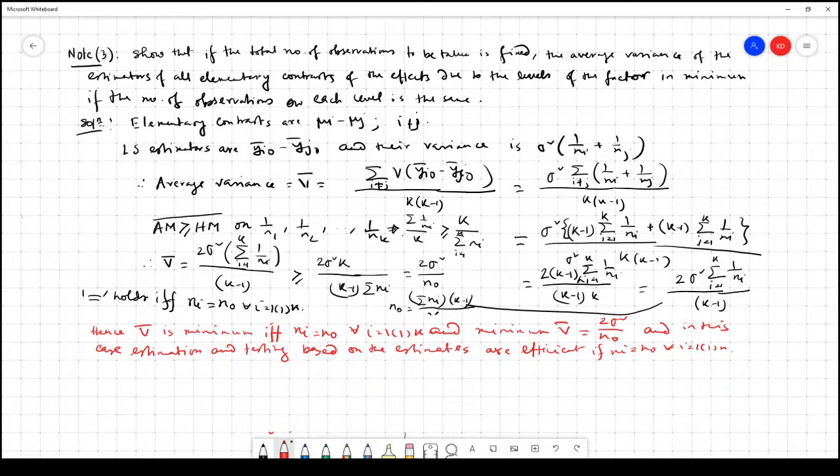So because here the average variance is minimum, we can conclude that the estimation and testing based on these estimates are efficient. Okay.